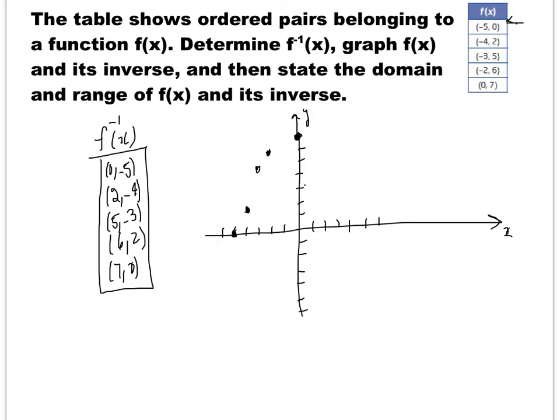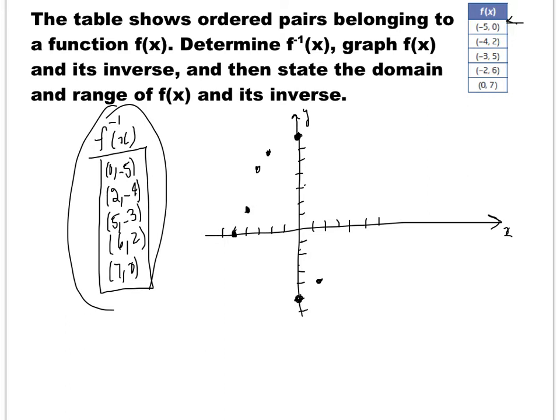Now f minus 1 of x, from this table we can see that if x is 0, y is negative 5, somewhere around here. If x is 2, y is negative 4, so it's going to be somewhere around here.